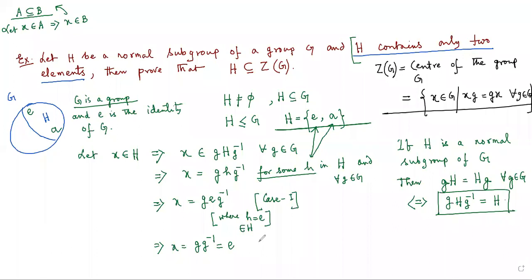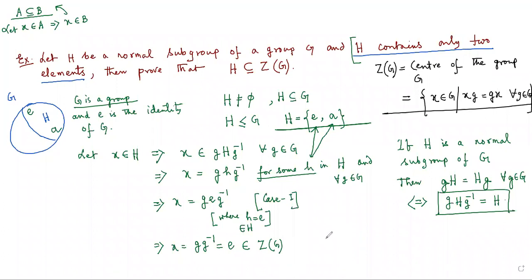And we know that if X equals e, it must belong to the center of the group also. Why is it so? Because according to the property of the center of the group, it contains all such elements of the group G for which this holds.